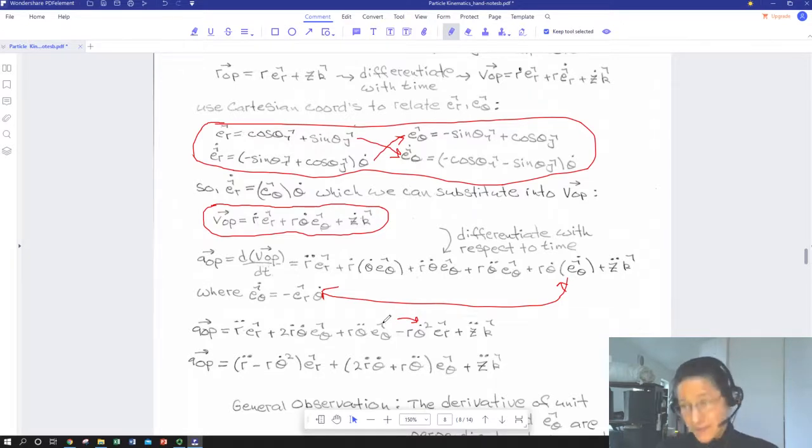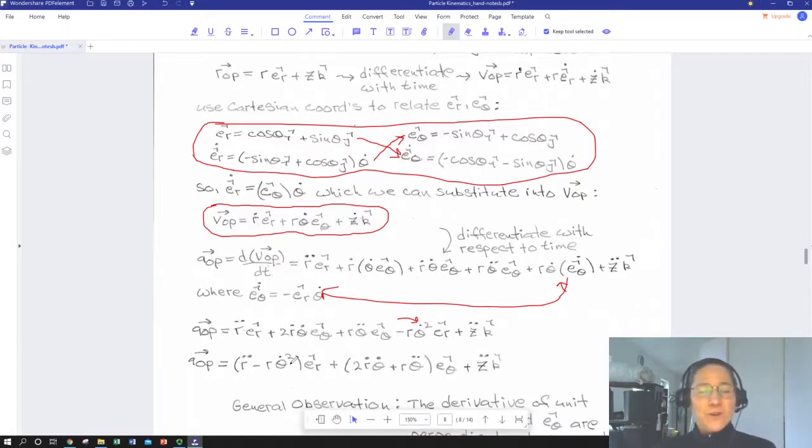So we've got two things aimed in the theta hat direction there, minus r times the first time derivative of theta squared aimed in the r hat direction, plus the second time derivative of z aimed in the k hat direction. So we have two things in the r hat, two things in the theta hat, one thing in the k hat.